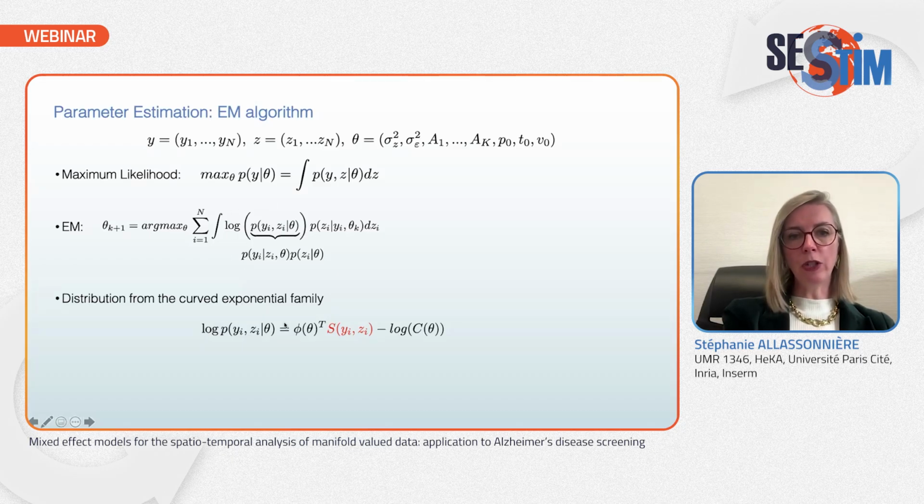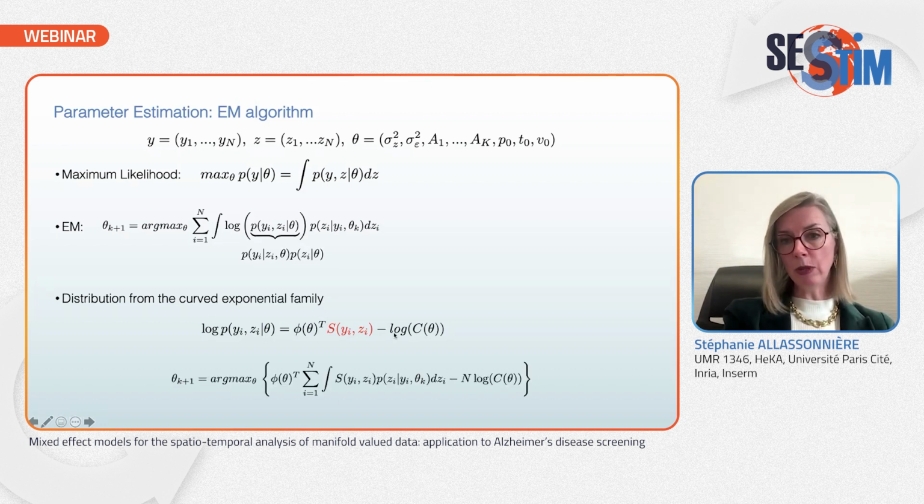This log term actually comes to be something that separates the parameters and the random variables, so that when you take the expectation, you only take the expectation of the sufficient statistic that you have here with respect to the conditional distribution. And so at the end of the day, you just maximize this quantity where you take the expectation of the sufficient statistics. So this is the EM algorithm.